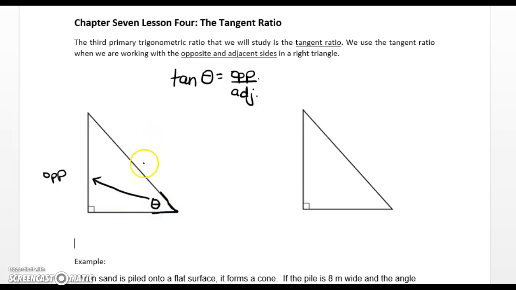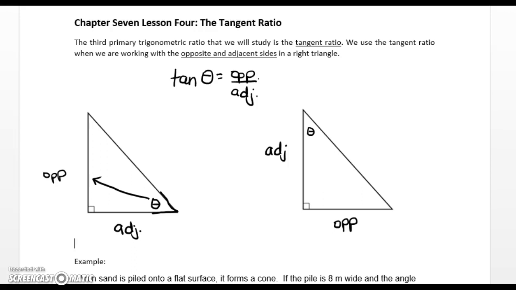Your hypotenuse is this side over here, so your adjacent has to be the side below here. So say if our angle was up top, then our opposite going across is down below instead, and our adjacent is on the left instead. Depending on where your angle is will depend on where your adjacent and opposite sides are.